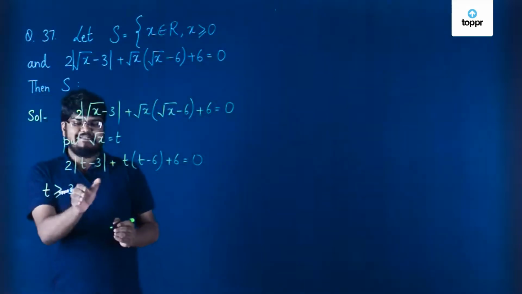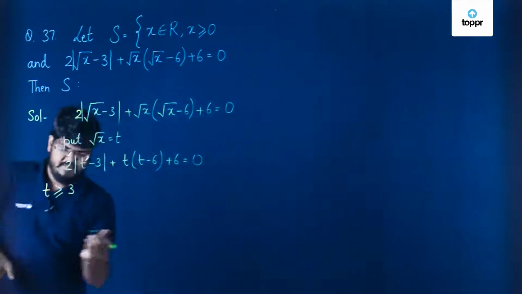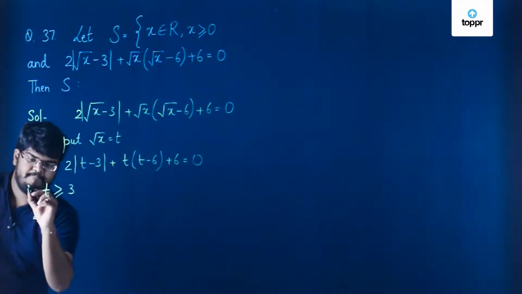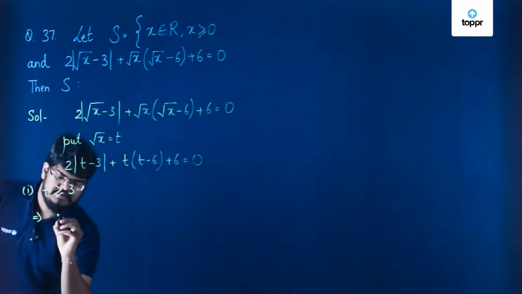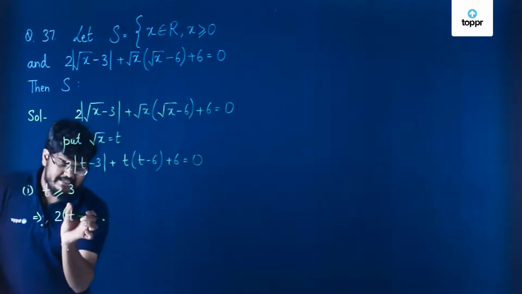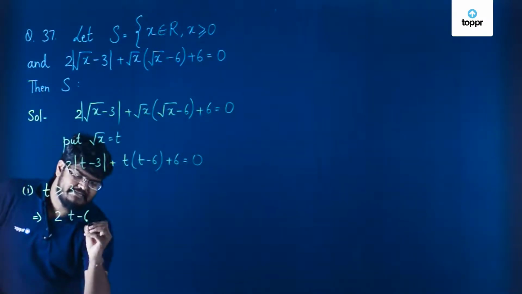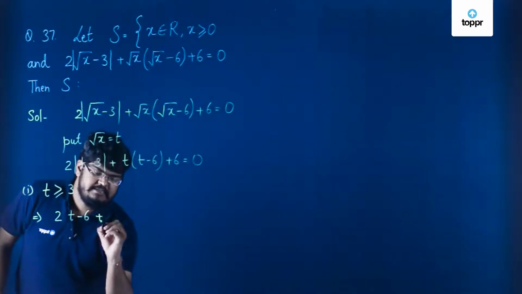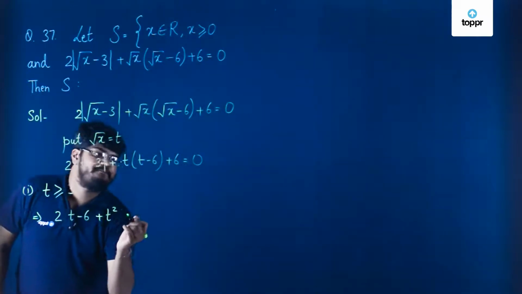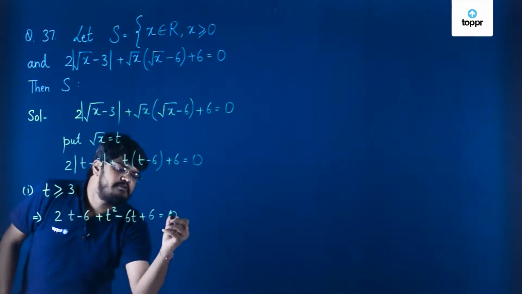If t is greater than or equal to 3, this means that the mod will open with a positive sign. Let this be our case 1. So this will imply 2 times t minus 3, or instead I can directly write 2t minus 6, plus t square minus 6t plus 6 is equal to 0.